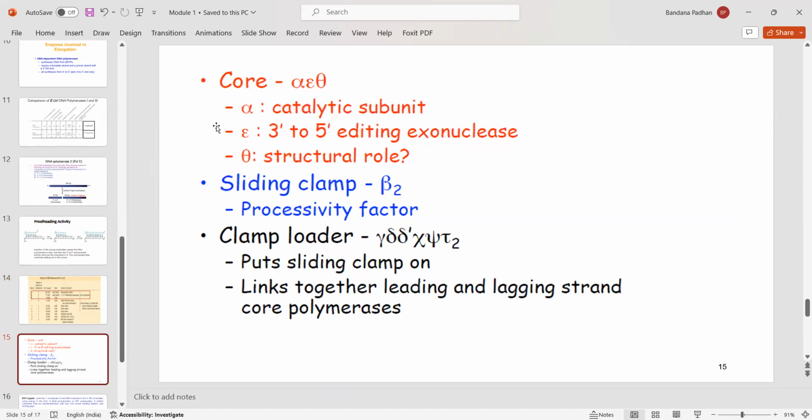So here the core subunits are alpha, epsilon, and theta. The sliding clamp is two beta subunits. The clamp loader subunits are gamma, delta, delta prime, chi, psi, and tau.